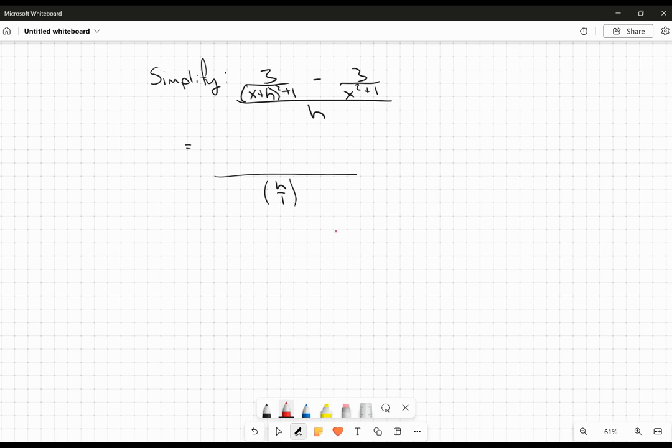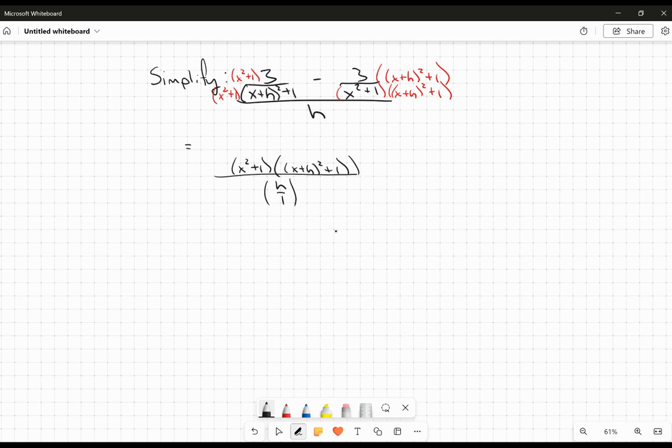So to get a common denominator, I am basically going to multiply the denominators together, which means each fraction has to be multiplied through by the other's denominator. Granted, it's a little bit ugly here. So my denominator right off the bat is going to be x squared plus 1 multiplied by (x plus h) squared plus 1.